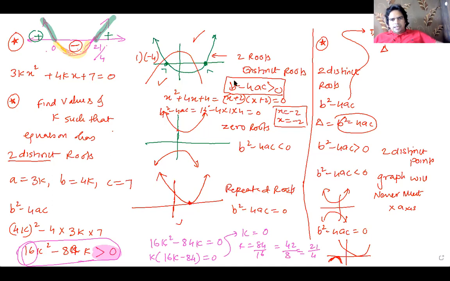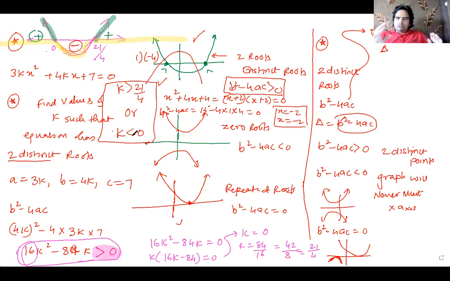Where do you see the sign diagram to be positive? It is in this range, here and here. So, if I give my final answer, if I take any k values in the range k greater than 21 over 4 or k less than 0, you are going to have two distinct roots.